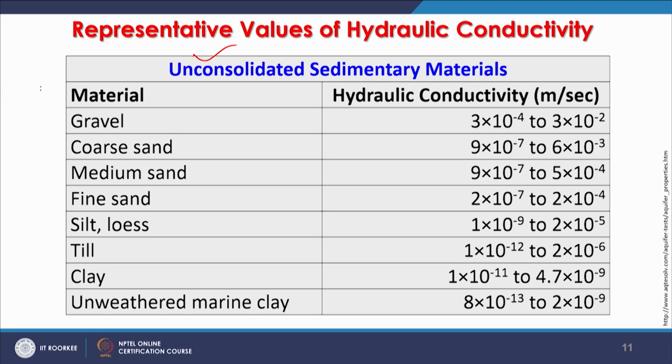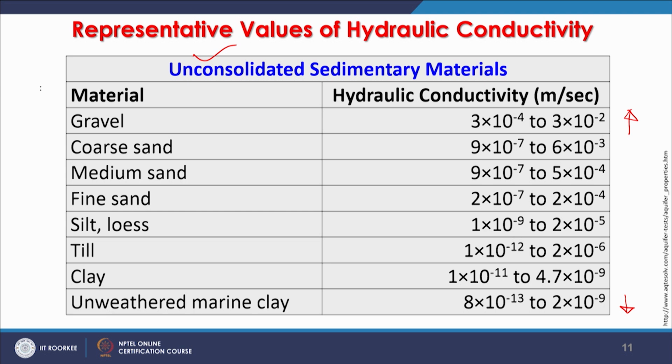If you see here, the hydraulic conductivity in the case of gravels is the highest, whereas unweathered marine clay is not very good from the permeability point of view. So, it has the lowest hydraulic conductivity, and the rest of the materials fall in between.